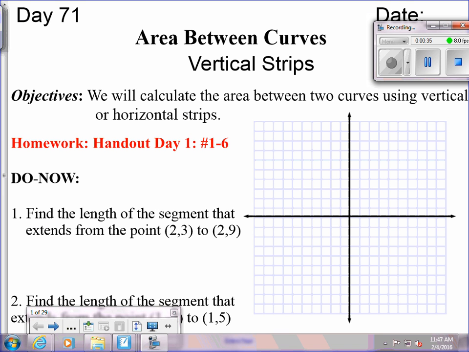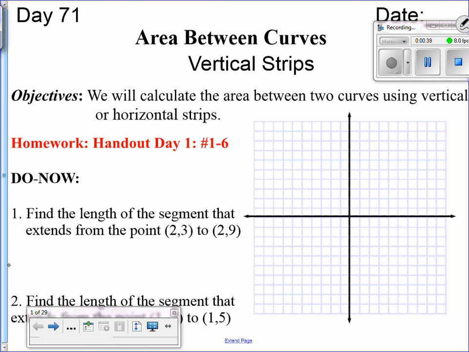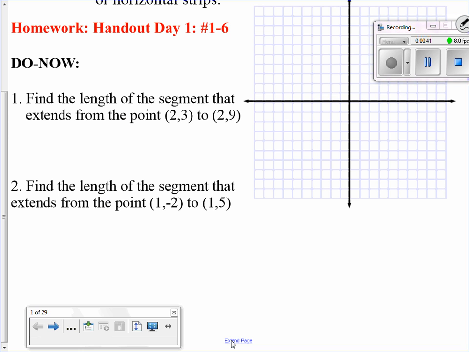All right, guys. We're back. So you could plot the two points, (2, 3) and (2, 9), right? There we go. What would the length of that segment be from (2, 3) to (2, 9)? 6, right?